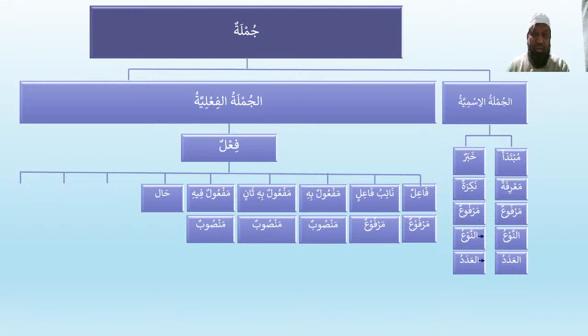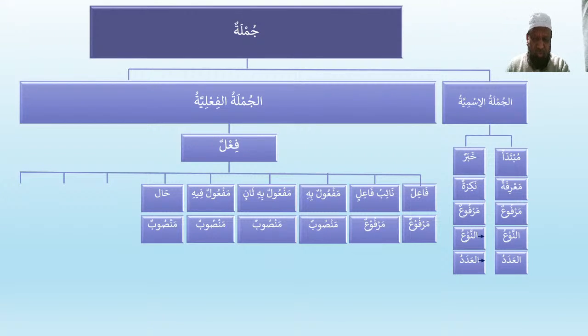What state is the fa'il in the sentence, or the maf'ul bihi? What were they doing at the time of doing the fi'l? In what condition were they when they were doing the fi'l? For example, he was doing the action while sleeping, so the word sleeping will be hal. While he was walking, all these will be hal.